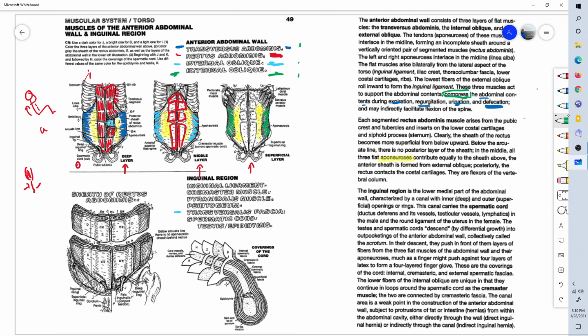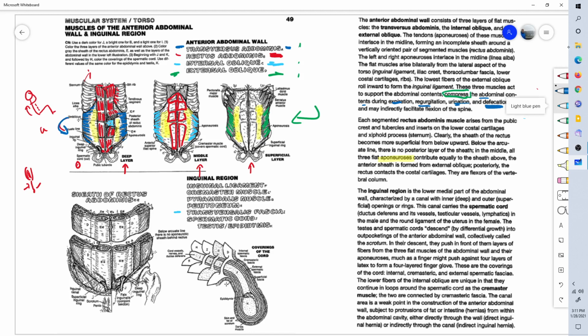Also, it's known that the external obliques and the transverse abdominis muscle might be involved in not only compressing, but rotating the spine.